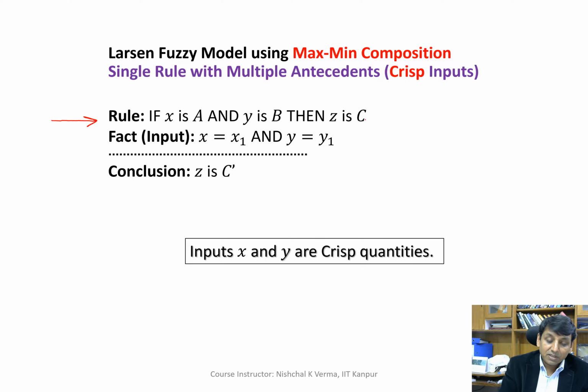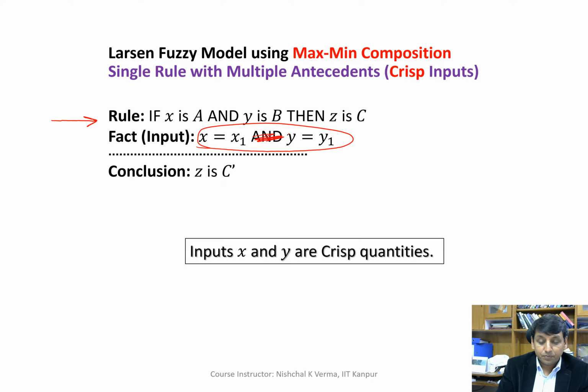Now when we supply the input to this model, x is equal to x1 and y is equal to y1. Both the inputs we are supplying here are crisp inputs.